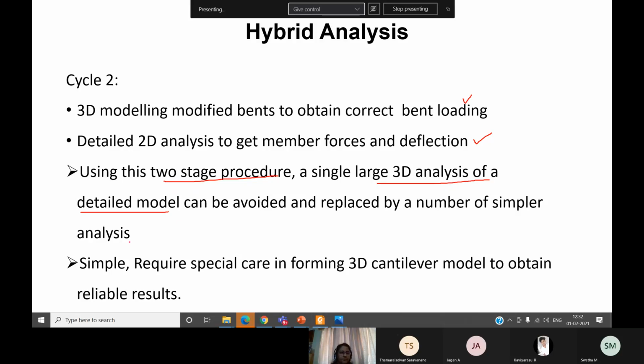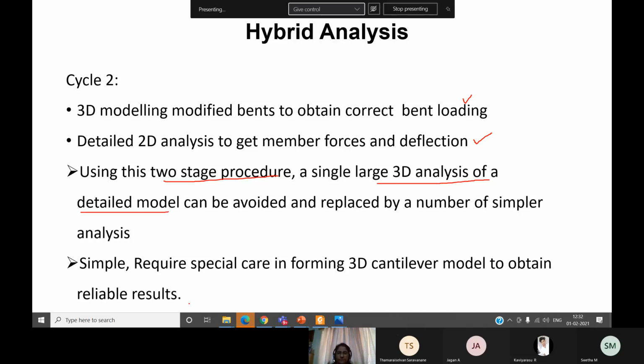But this approach, though simple, requires special care in forming the 3D cantilever model to obtain reliable results. So that is what I am telling. Whenever you model it, the scaling down, the similarity laws, similitude laws, model analysis, everything has to be well understood, and you have to model it in a proper way, because if you are not bringing the entire properties into the cantilever, your analysis becomes a failure.